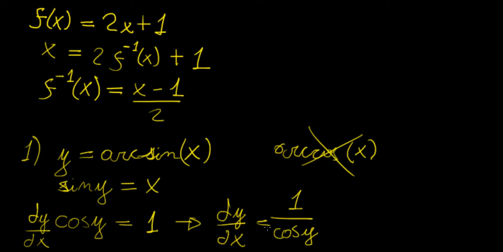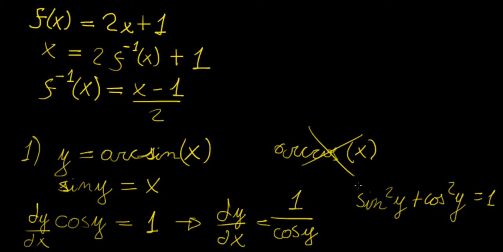So this means that our dy/dx term is implicitly a function of y, so 1 over cos y. But obviously we don't want a solution that is just in terms of y. We want x terms in here. So we can use a trigonometric identity, which is sine squared y plus cos squared y equals 1, and solve for cosine in terms of sine.